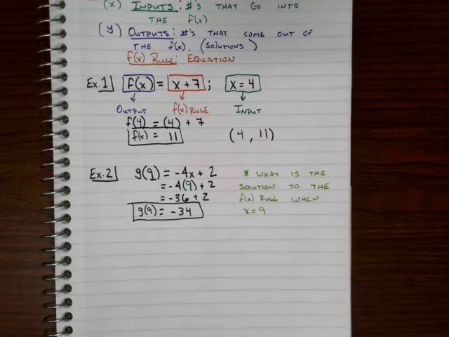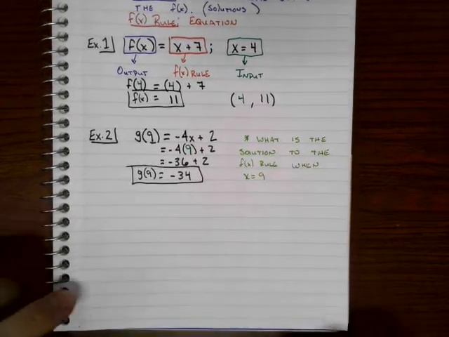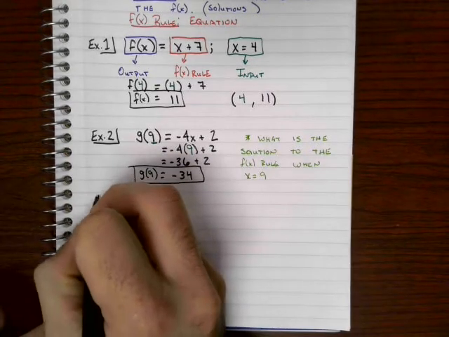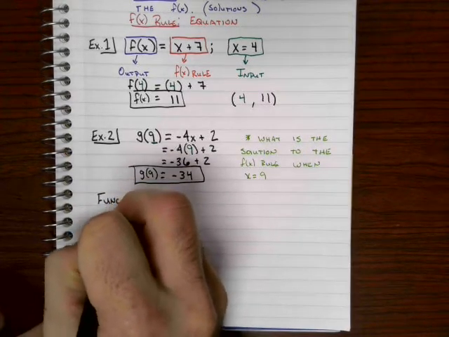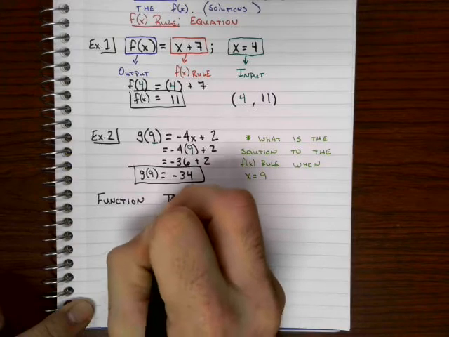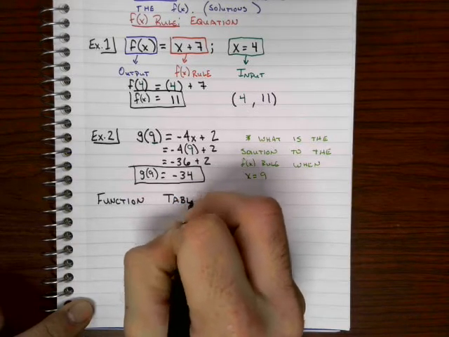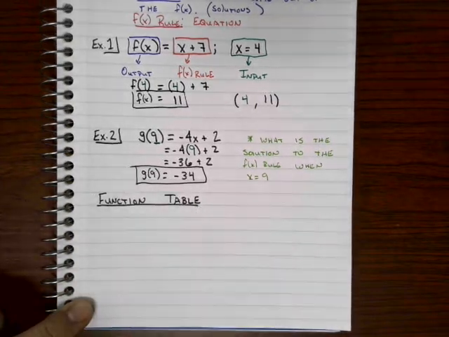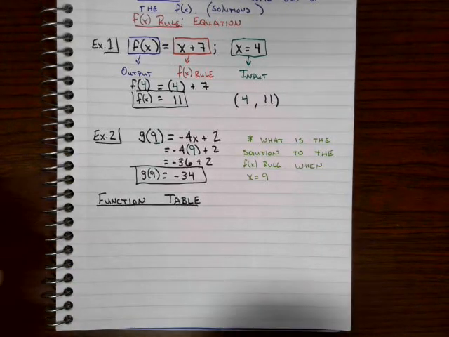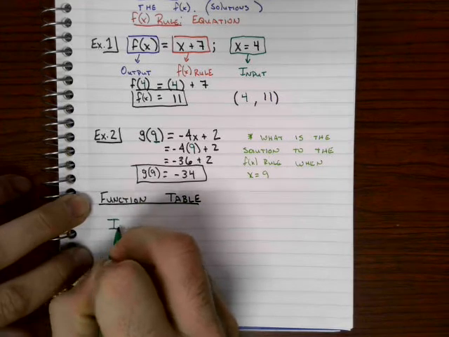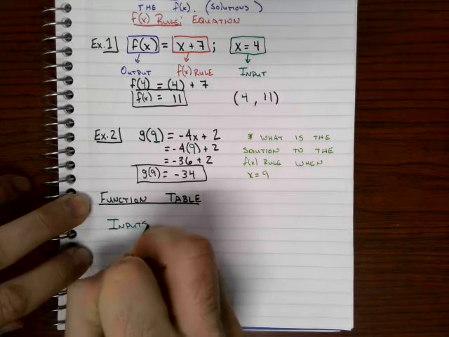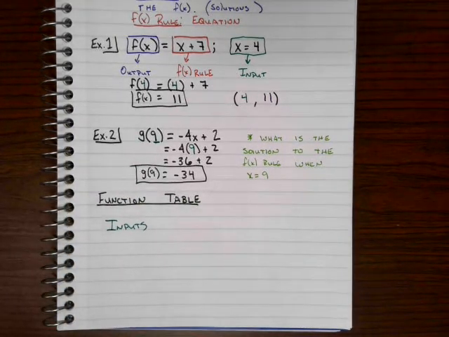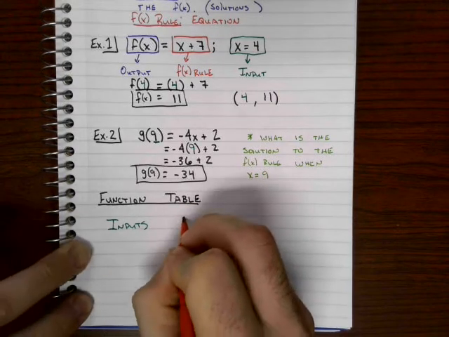Now, another way you'll see this, okay, you'll see something that's called a function table. All right, so a function table. So what does a function table look like? Well, with a function table, you're going to have inputs, and the middle is going to be our function rule.